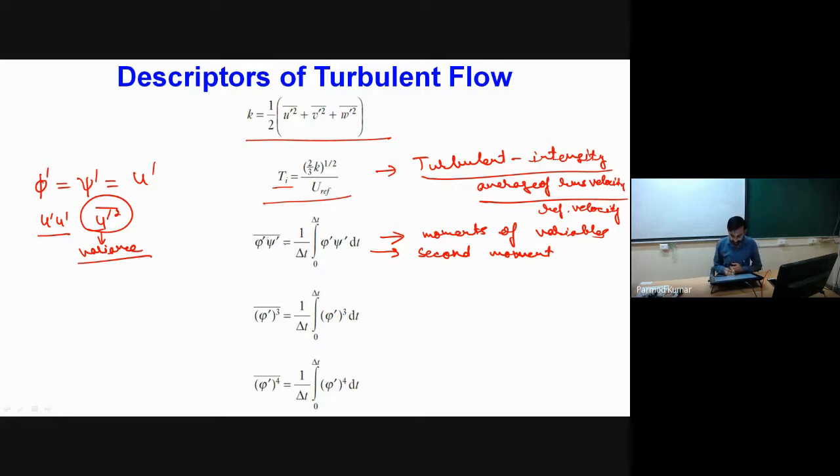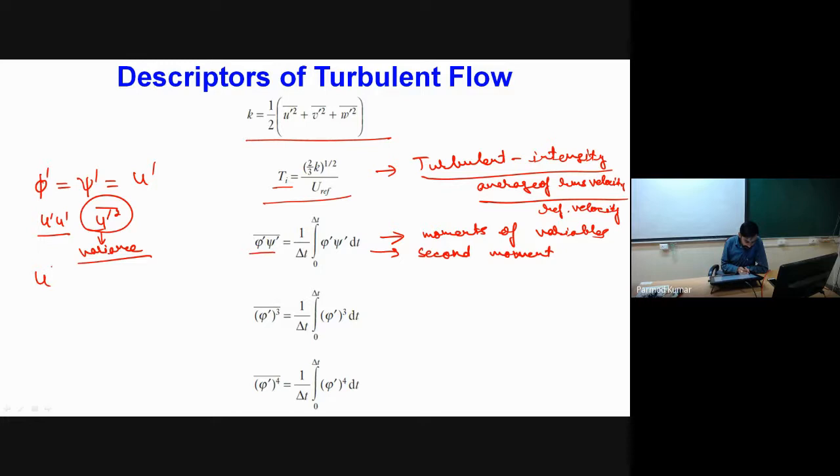But if our variables are different, in that case, the second moment is defined as phi dash into psi dash bar, which is 1 by delta t integral 0 to delta t of phi dash psi dash dt. Okay. So this phi dash into psi dash will also become a very important part of the process.